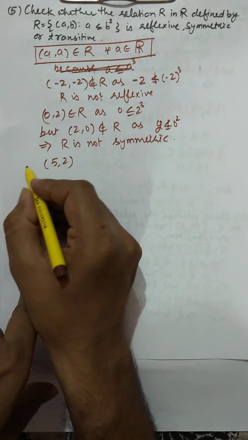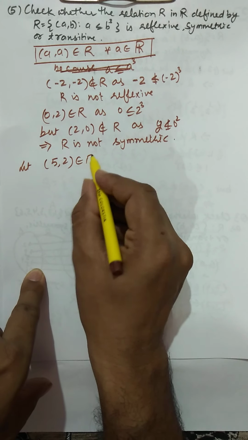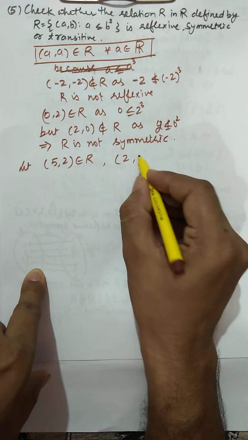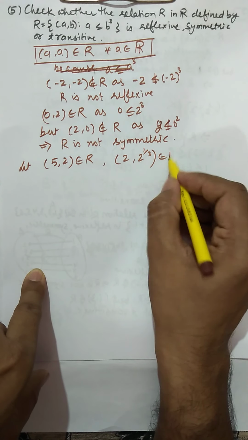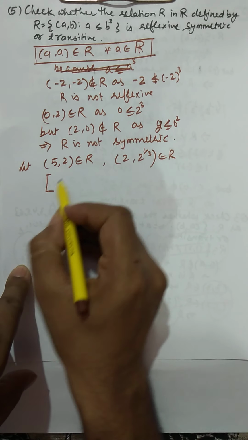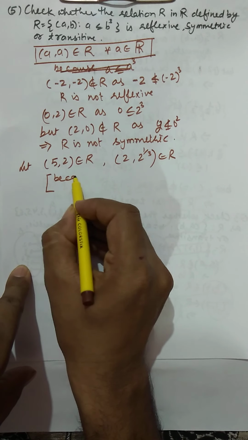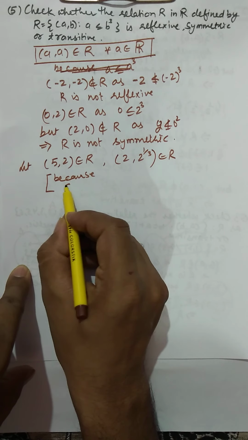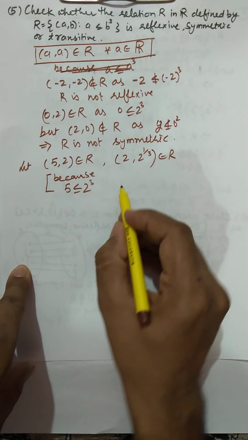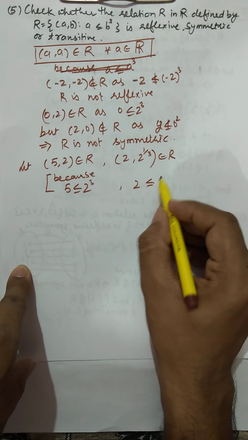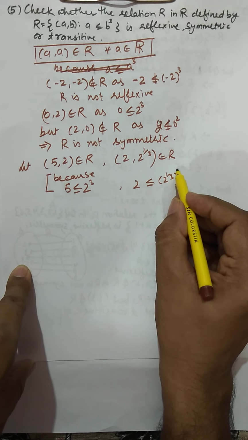Let's say (5,2) belongs to R and (2, 2^(1/3)) belongs to R. Why do they belong to R? I am just putting the reasoning here: because 5 is less than or equal to 2 cube, and 2 is less than or equal to (2^(1/3)) cube, and this is 3.